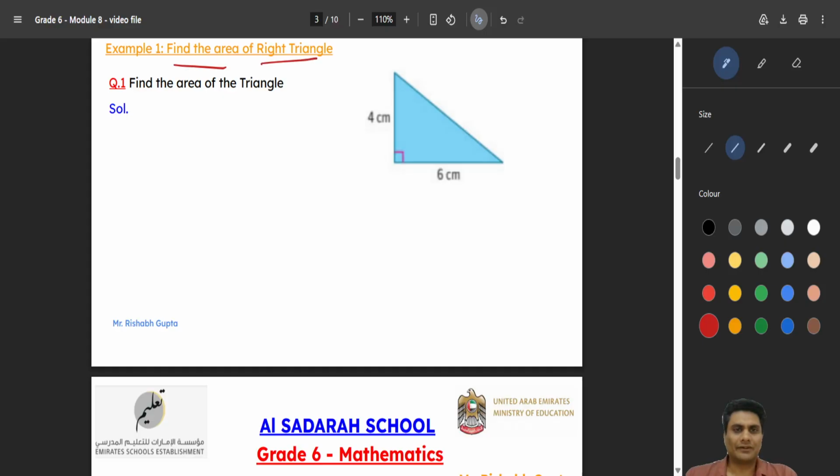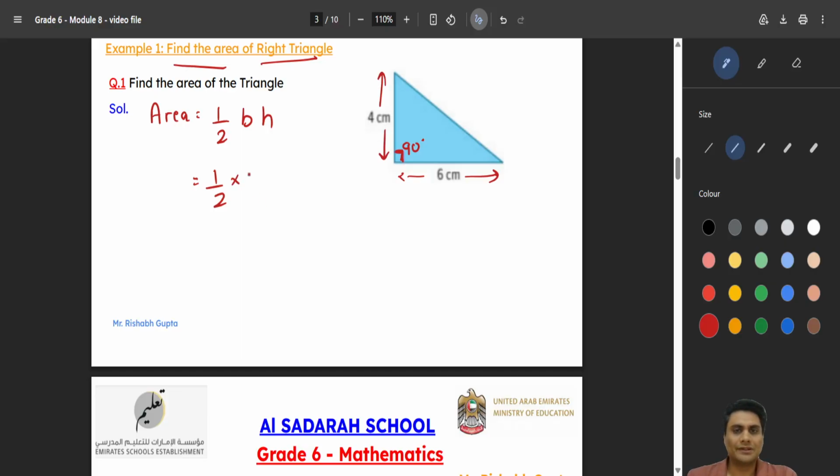Find the area of the right triangle. Right triangle means when the angle between the base and the height is 90 degrees. When it is 90 degrees, we call it a right triangle. Now, area of a triangle is equal to half of base times height. So here the base is 6 and the height is 4.